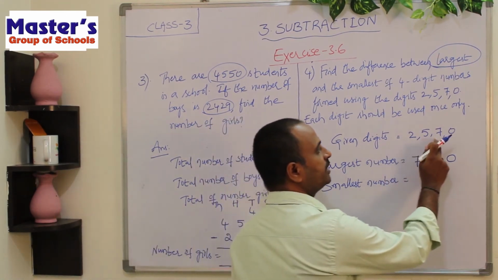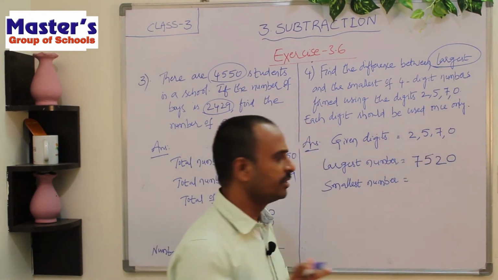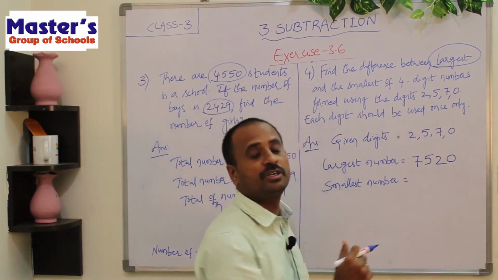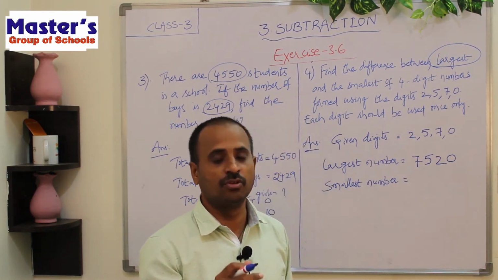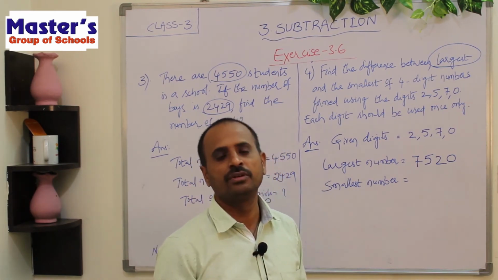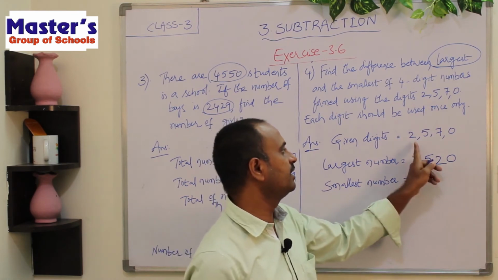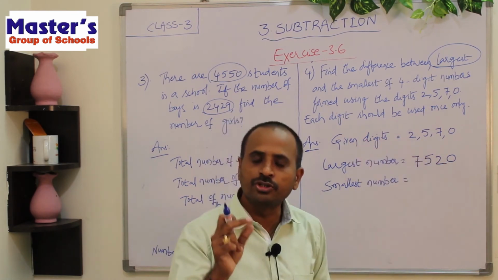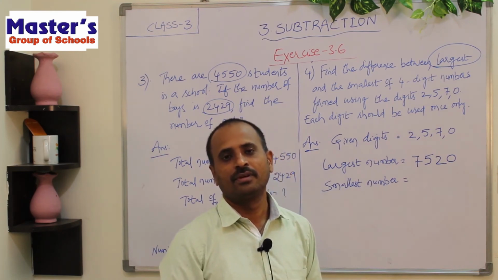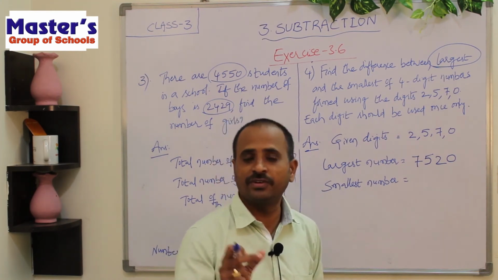Among these 4 digits, which is the smallest digit? 0. But if any number starts with 0, it has no meaning. That means any number should not start with 0. So if 0 is present in the given digits, the 0 should be written in the second place. Now, what do we have to write first?